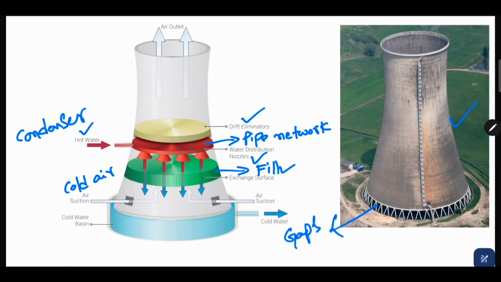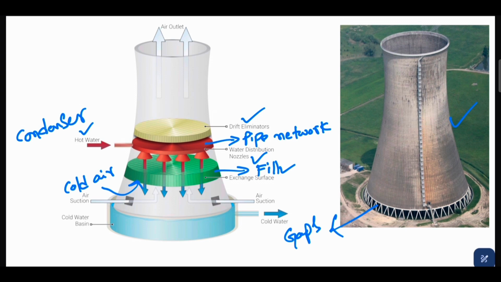It comes in contact with this film material, in which we already have hot water. We have sprayed the hot water from these nozzles, and it came in contact with this film material, and from the bottom we already have cold air. In this way the hot water gets cooled.